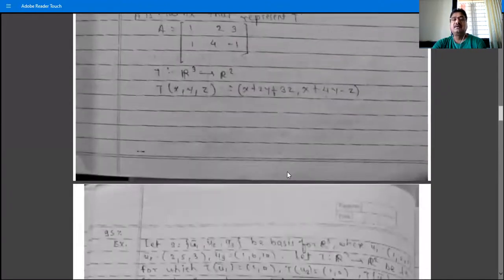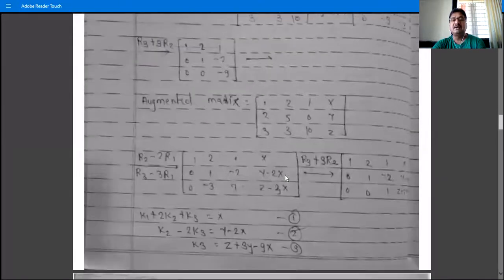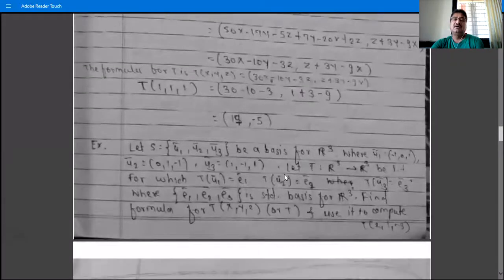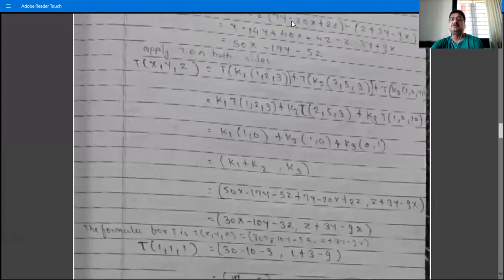So this is again a repetition: the examples for kernel of T and range of T are a repetition of the previous topic, that is, null space, column space, and row space of the matrix.